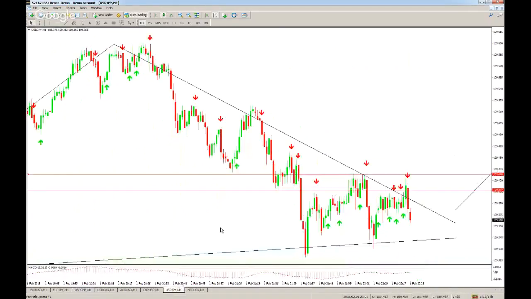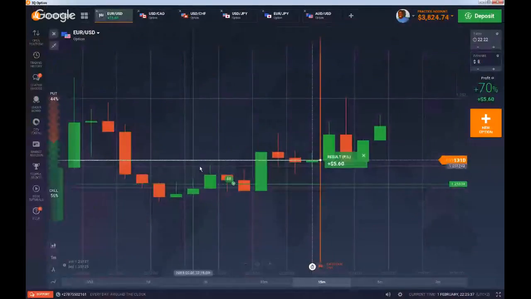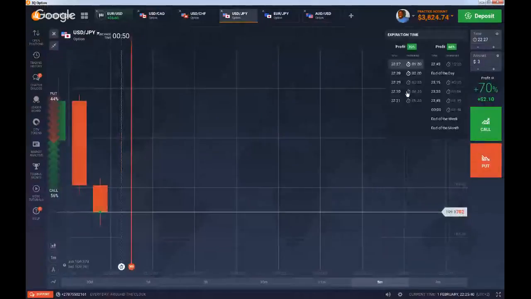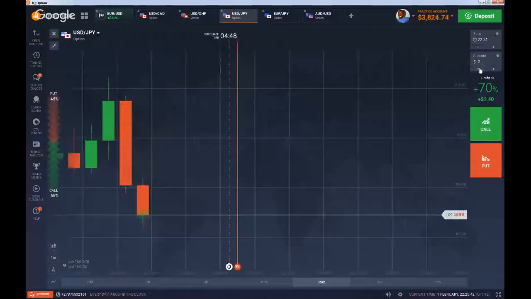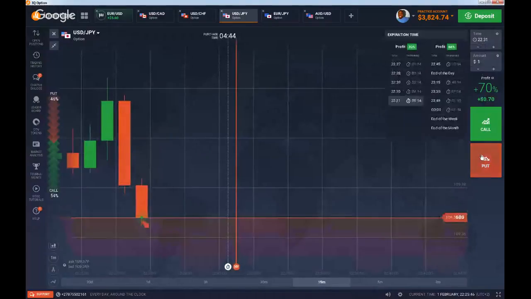Let's look at the yen. Beautiful sell signal on the yen. Let's actually take that, even though I'm a bit late on the yen trade. 5 minutes. Let's double check again. 5 minutes to the downside.